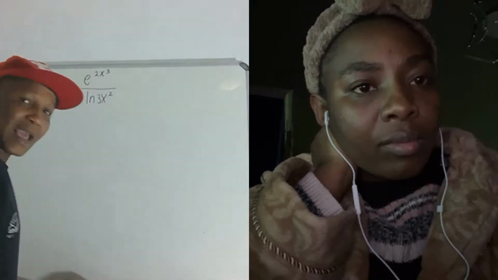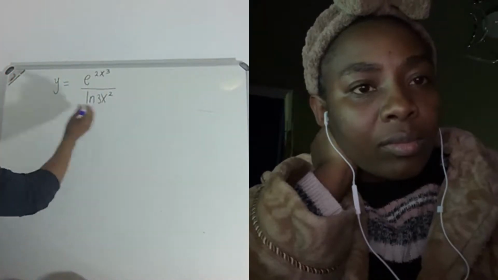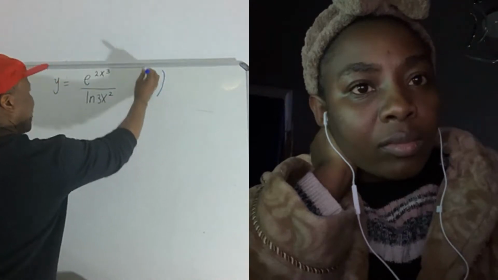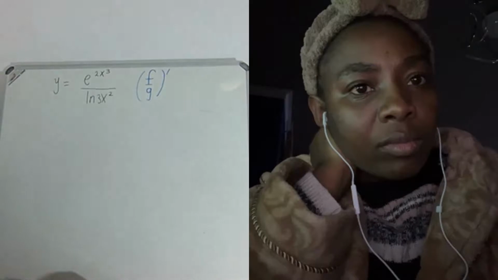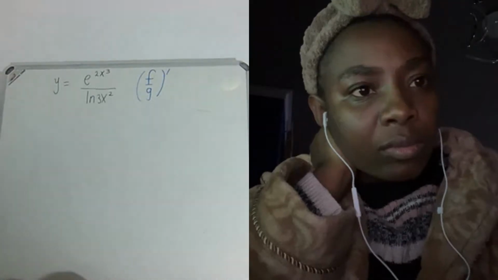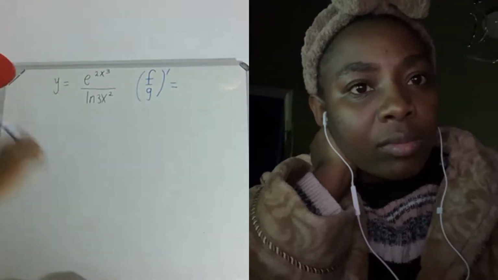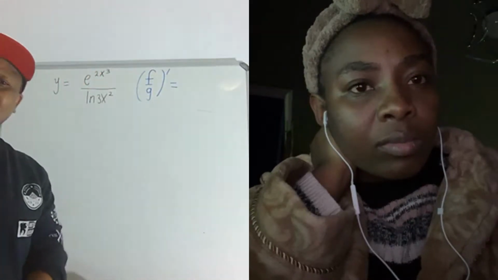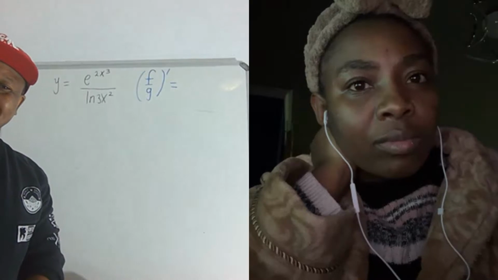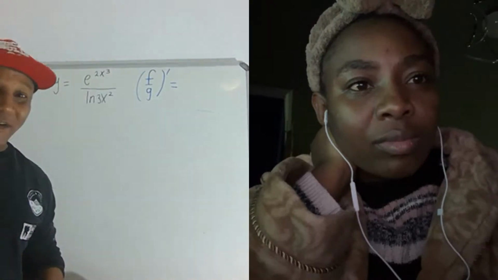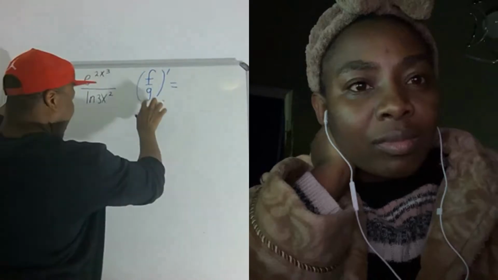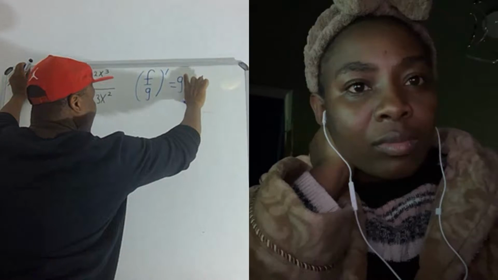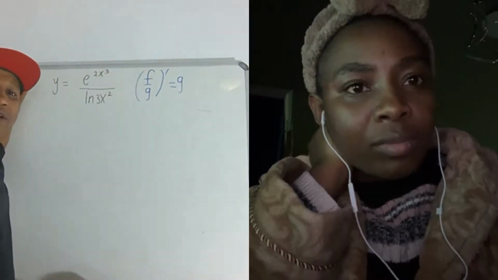If I have f divided by g, when you differentiate, the second one should always be constant. You do like how we did before. Stick with the second one, always keep it constant.